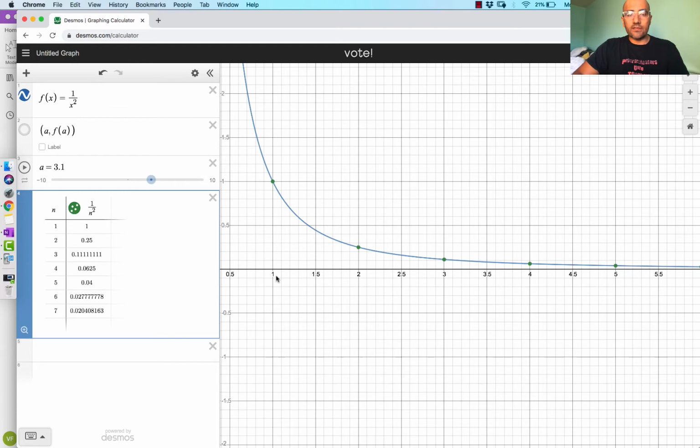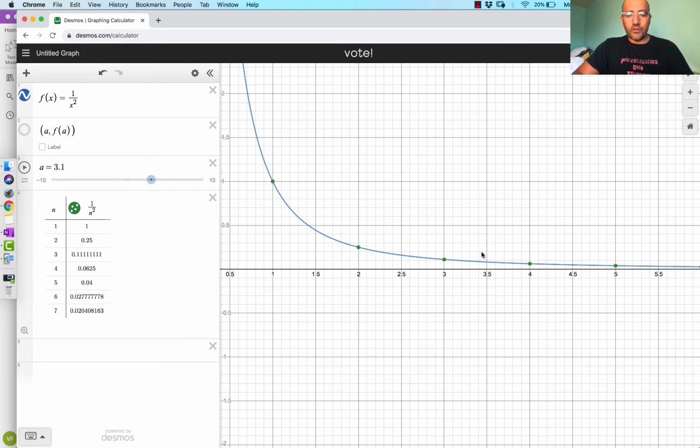It's just the ones that happen to be integer values greater than 1 in the domain of f of x that end up being in the series that we're working with, right? Just those individual ones.